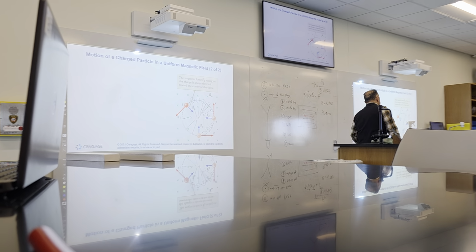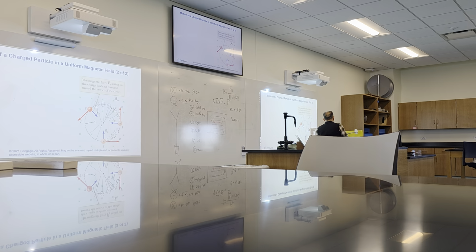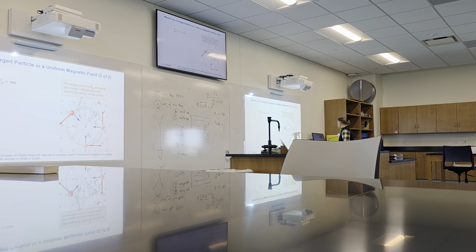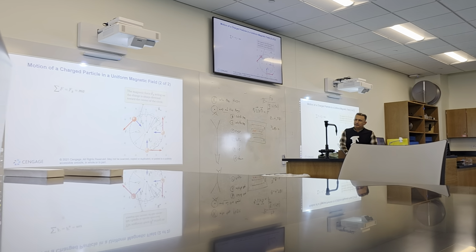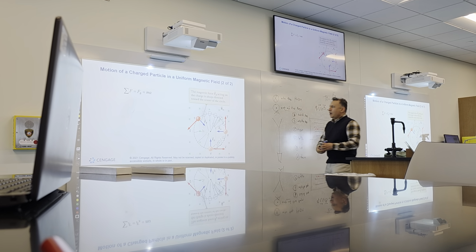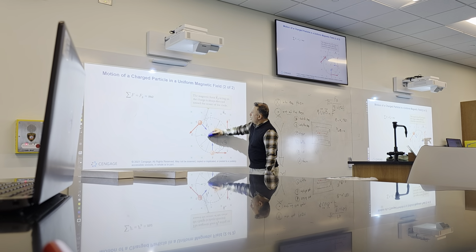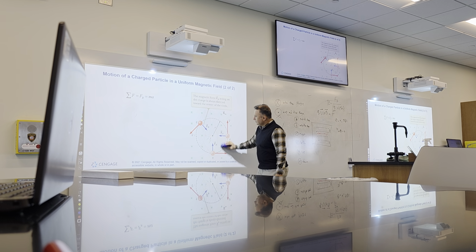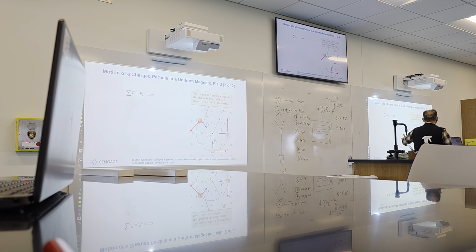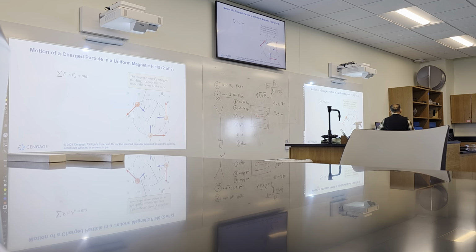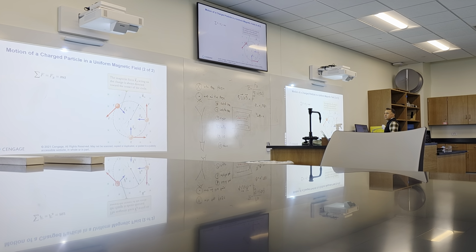Let's just see if we can analyze this motion. So we have a force. This is our old friend, right? The second law. Is that right? The second law is telling us what's going on. There's going to be a magnetic force. This guy is a charge, has a mass of m, so it's getting accelerated.